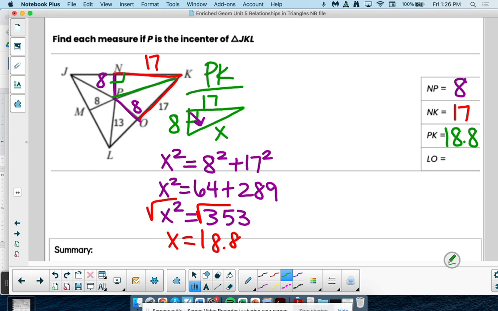You guys try to find LO on your own. You have to do the Pythagorean theorem again. See if you can find it on your own.